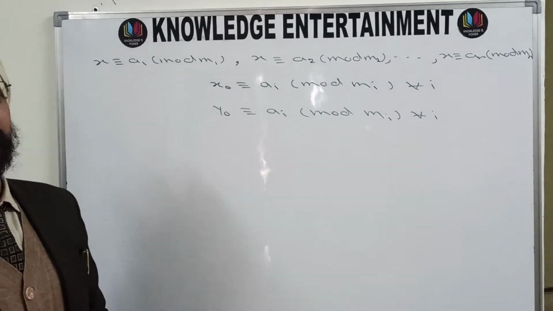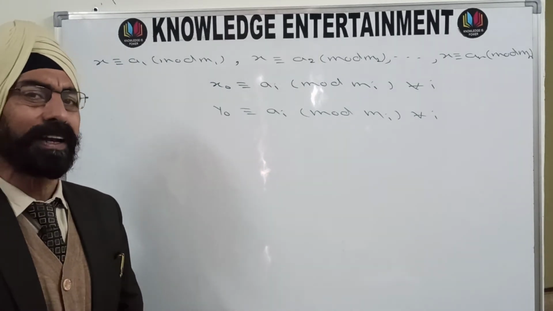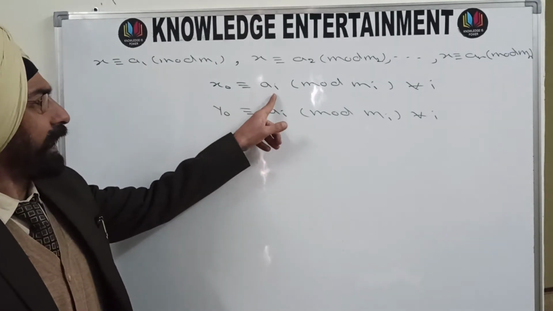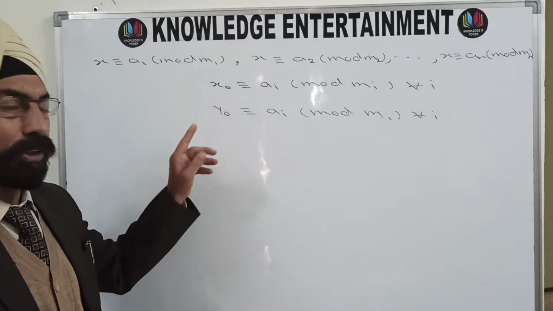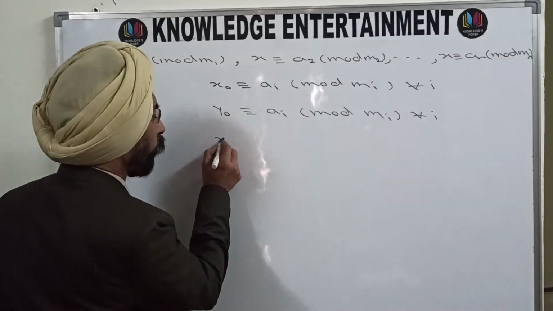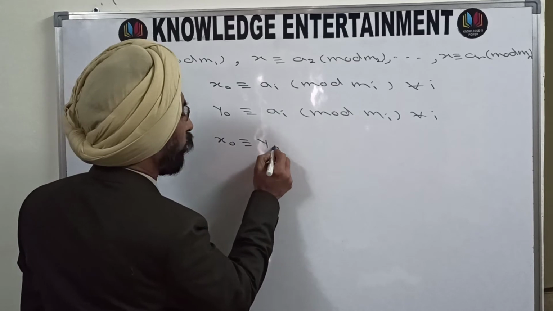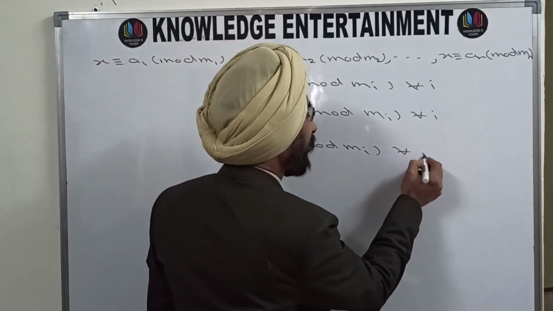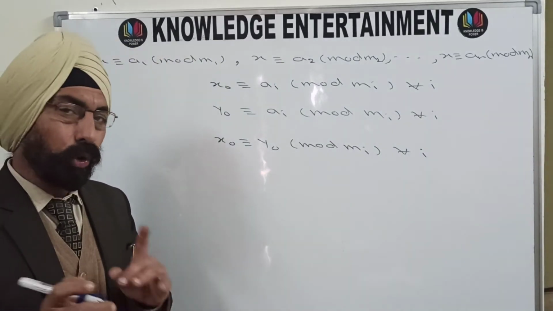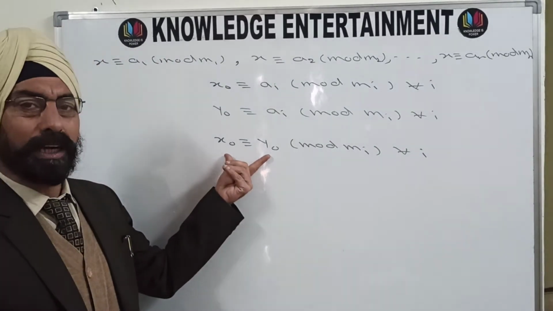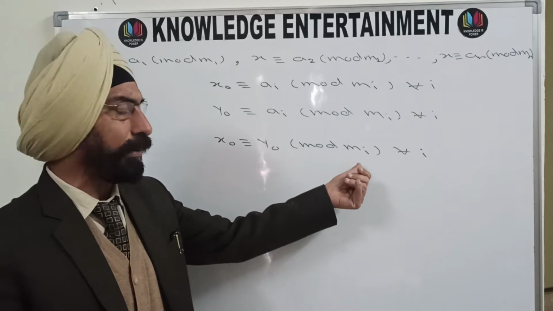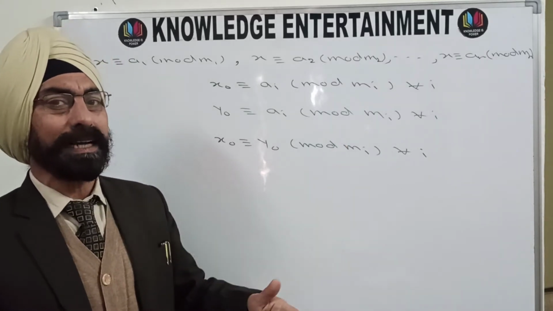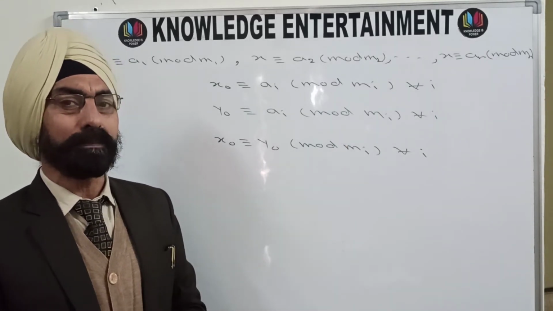The congruence relation is a transitive relation: x naught is congruent to ai and ai is congruent to y naught, so x naught is congruent to y naught modulo mi for every i. Note that x naught is congruent to y naught for every mi, and you know that these mi's are relatively prime in pairs.